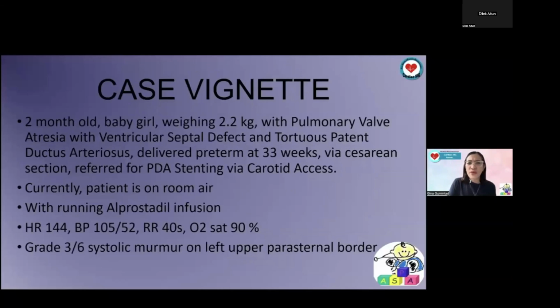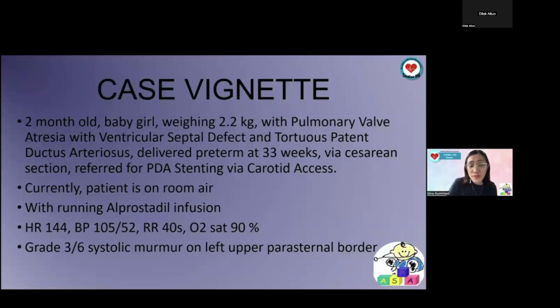So how do we go about next? So what do we do? Going back to our patient, this is a 2-month-old weighing only 2.2 kilograms, with single ventricle physiology, who has a shunt and a PDA but is not oxygenating well, only 90% on room air.